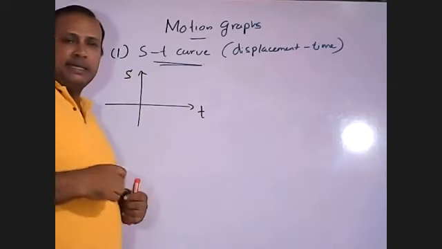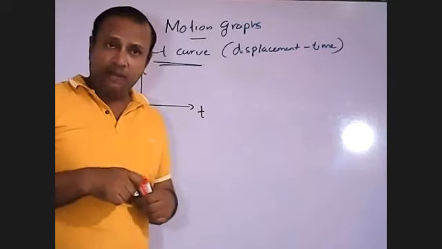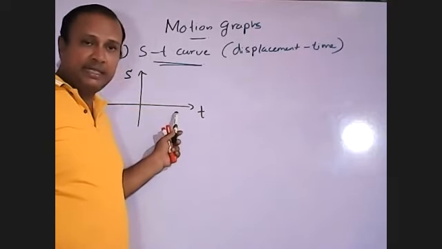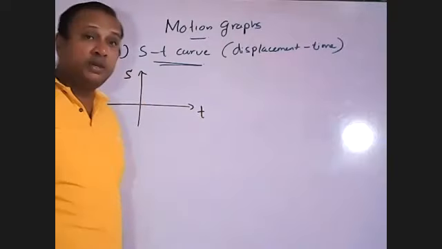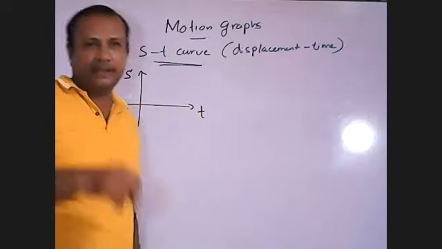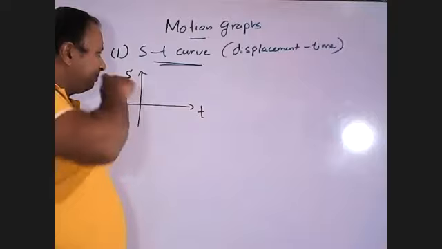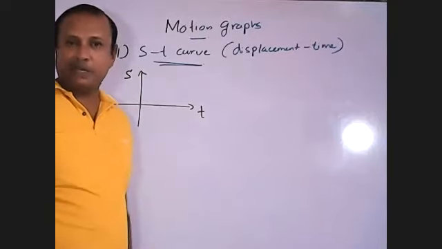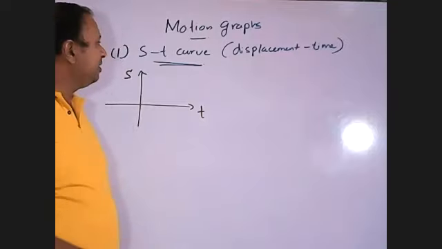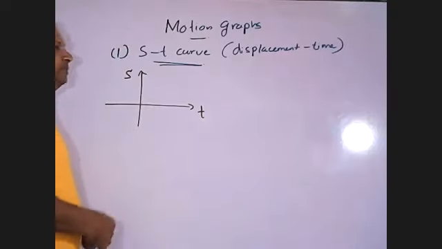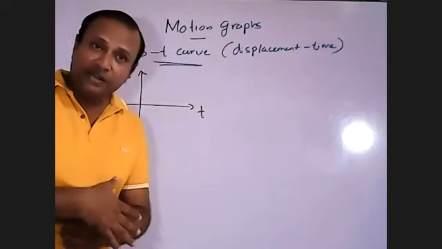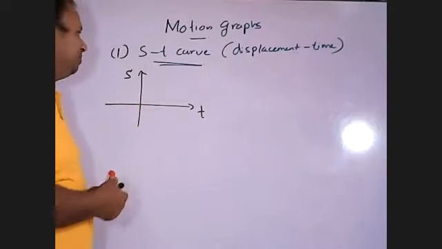As the time is an independent variable, it is represented by the x-axis, while the displacement is represented by the y-axis. Okay. So that is the some characteristic of this curve. Okay. Then we can directly move to the gradient of ST curve.